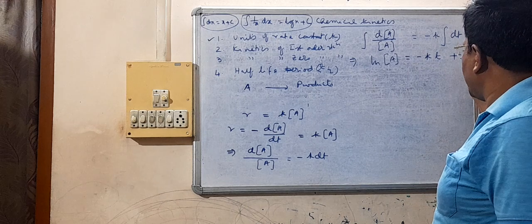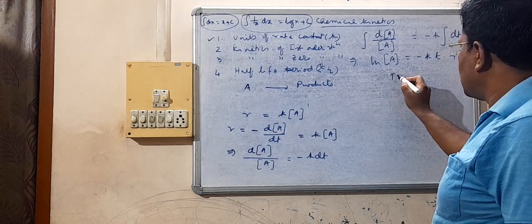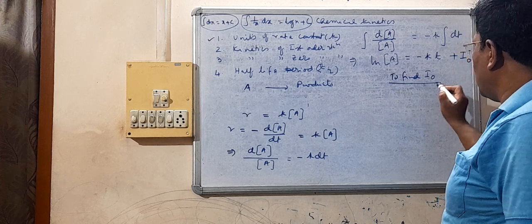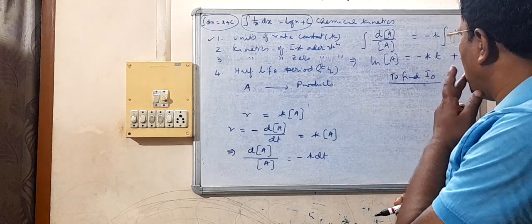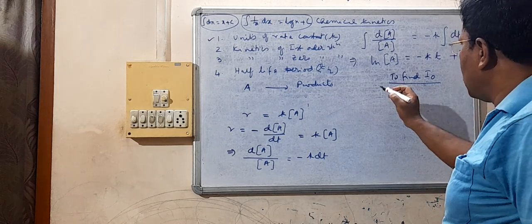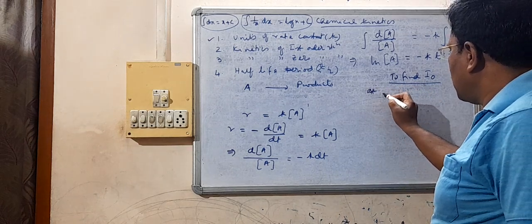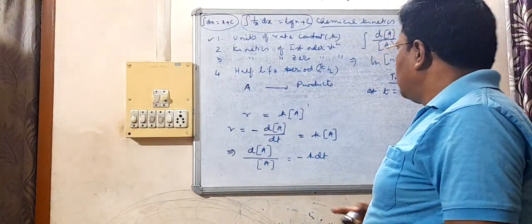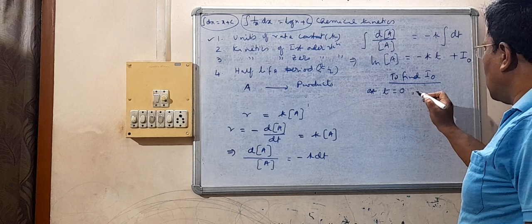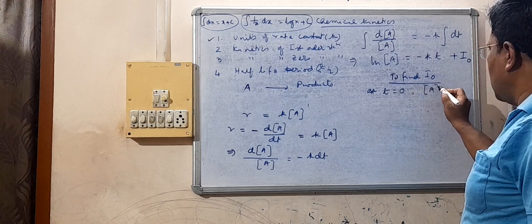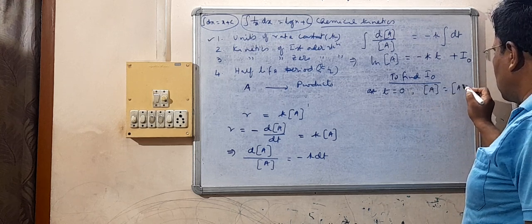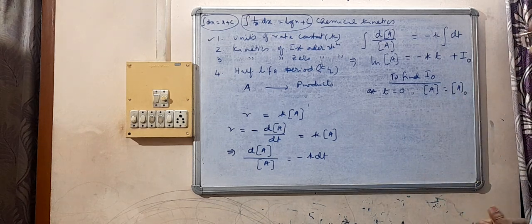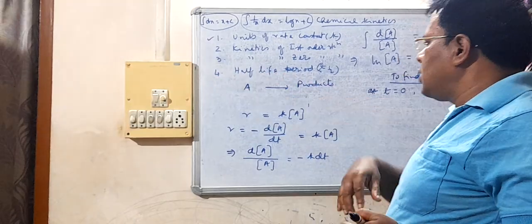Now we have to find out the value of this constant. To find the integration constant, we take up the initial condition at t equal to 0, at initial time. Suppose the concentration of A is A naught at t equal to 0. That is, the initial concentration of A is A naught.